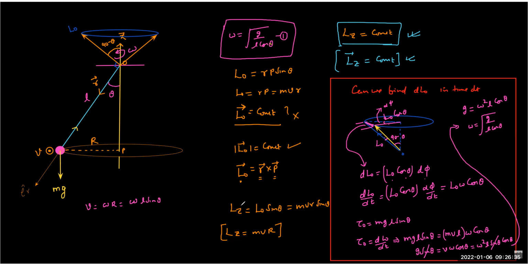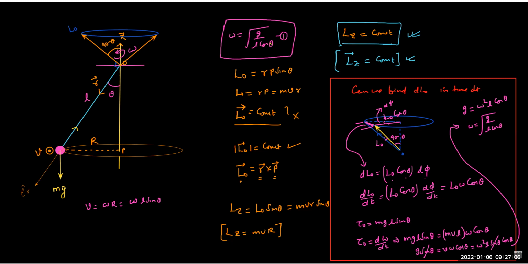Most of the tough questions are based on this idea of writing angular momentum and torque. Any very difficult question can be solved the basic way. You need to start with the definition, and from there, if you proceed, hopefully you will get the answer. This is not necessary for the sake of the examination.